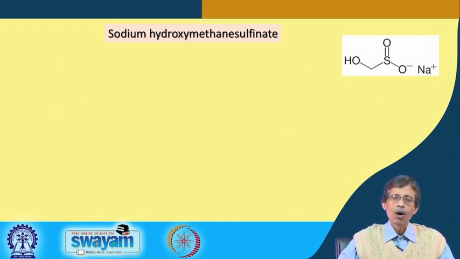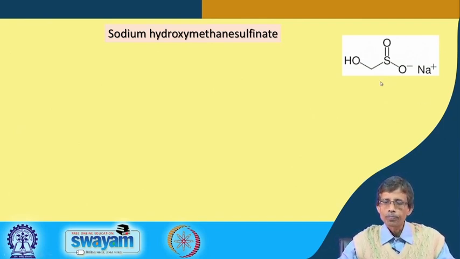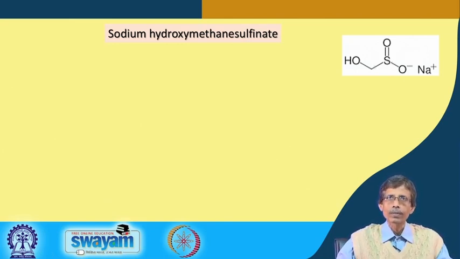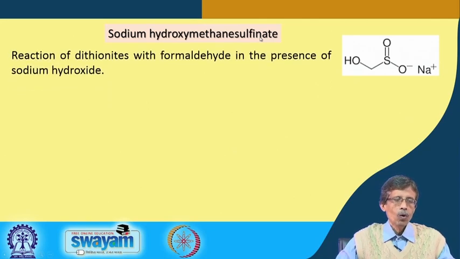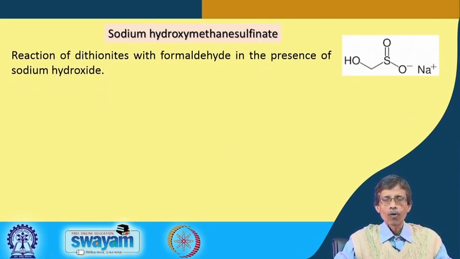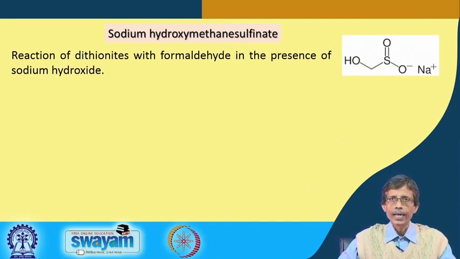That means the oxygen of the alcohol molecule is converted to a sulphate species through the attachment of an SO3 group on O. But this is something different, where you have a carbon-sulfur bond, and the functional group attached is SO2 minus, not SO3 minus or SO4 minus. That is why the name is sulfinate, which we get basically from our previous molecules. What we are discussing so far is your dithionite, Na2S2O4.